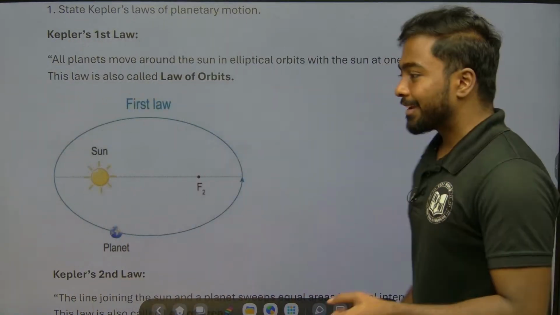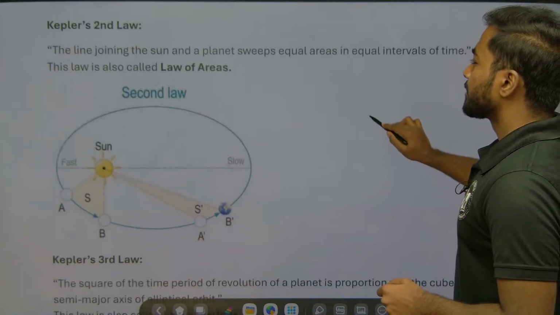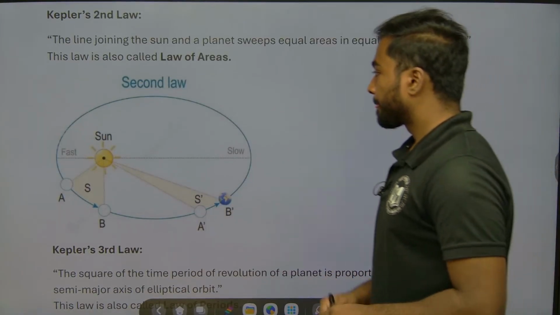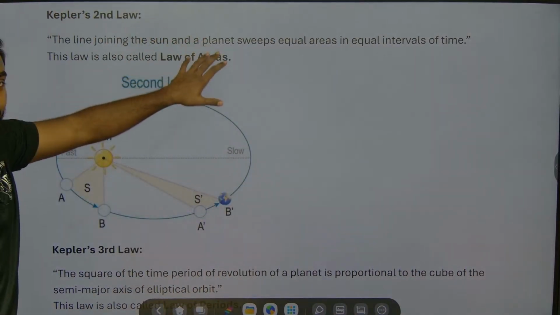When we go for the next one, Kepler's second law, it is the law of areas, we will say. Before going into the definition, we will see the diagram.